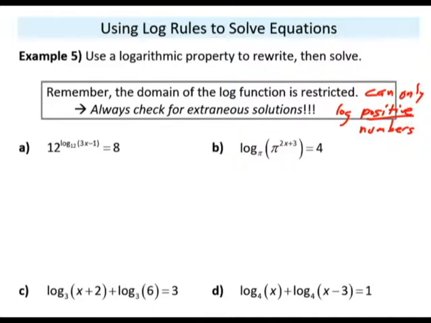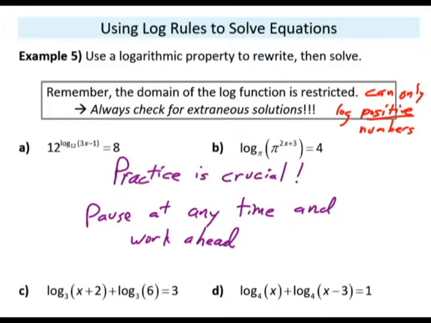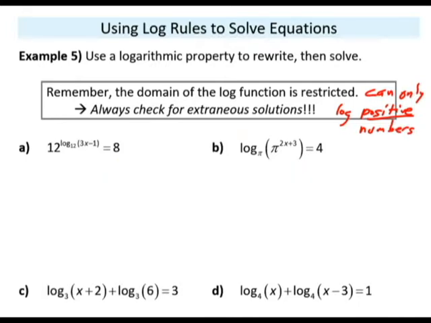When we solve these equations, we're going to use a combination of all of the log rules. Please feel free to pause at any time and work ahead. Practice is important. The key to example A is the inverse property. 12 to a power and log base 12 are inverse functions of each other.